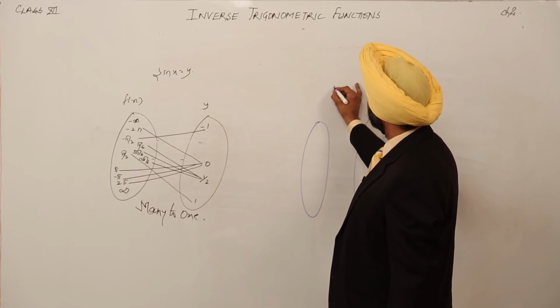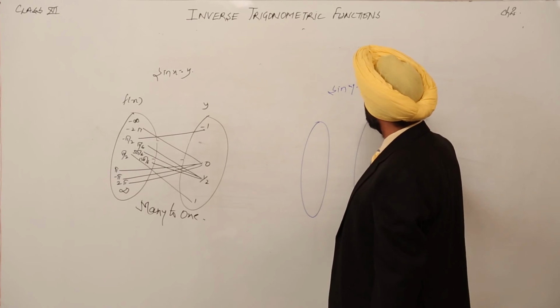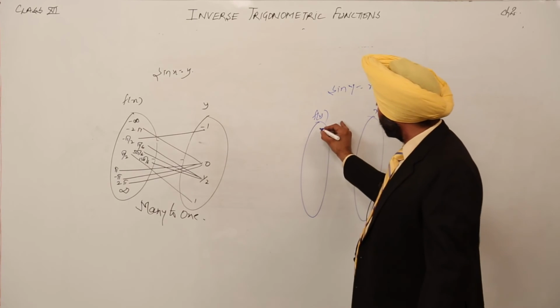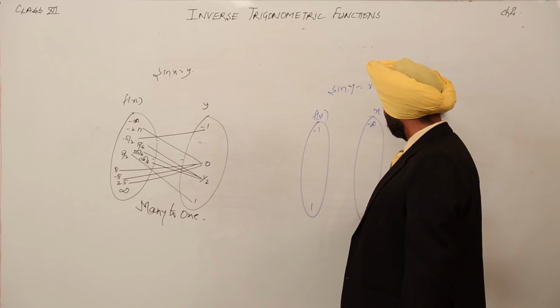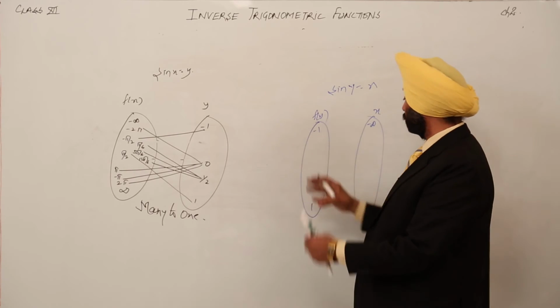Now this becomes sin y is equal to x. Now this is x and this is y. Minus 1 to 1, minus infinity to infinity. Now without writing the values, I am just showing you what we are getting.